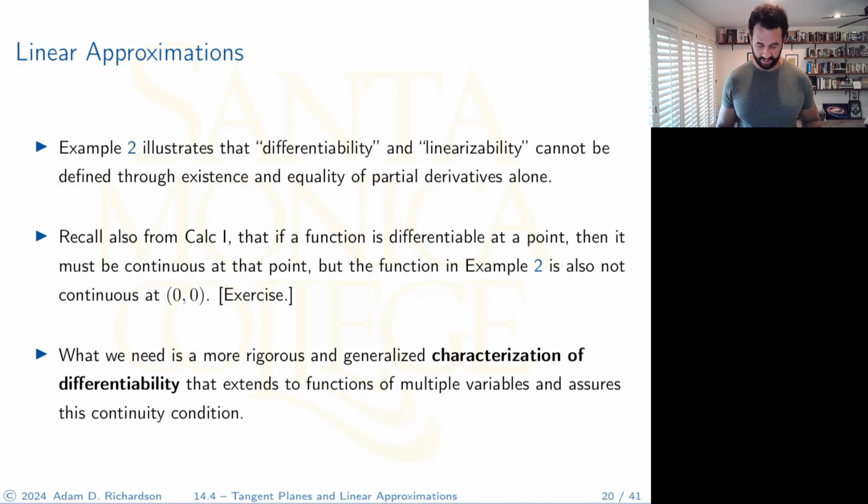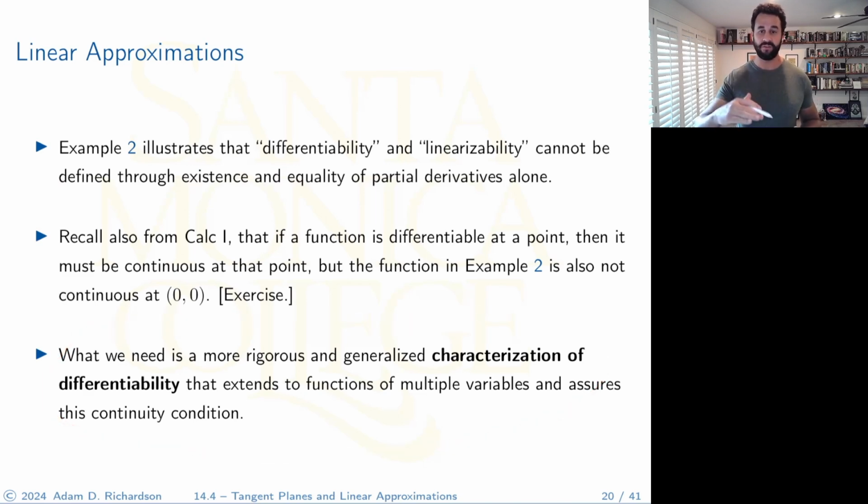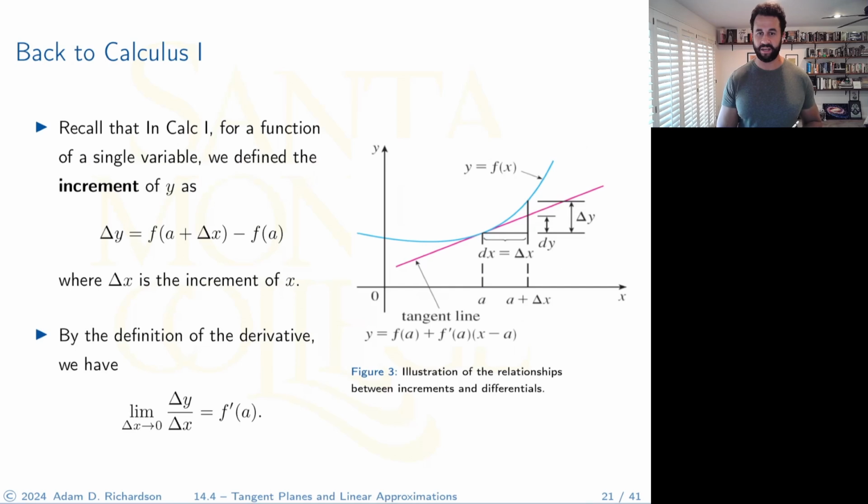So what we really need is a more rigorous and more generalized characterization of differentiability that extends to functions of multiple variables and assures this continuity condition. Right, so now we need to flash back to calculus 1. Technically, this characterization of differentiability is introduced in section 2.5 on the chain rule.